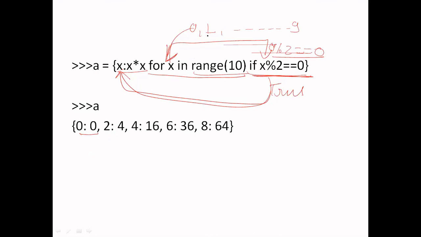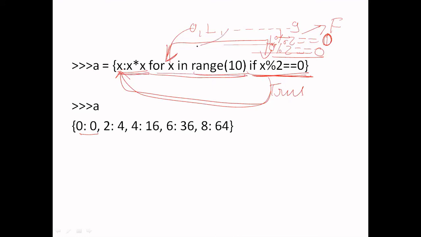Next element is 1. So 1 mod 2 returns 1, and it is not equal to 0, so this condition will return false. If this condition is false, we will not execute this output part and we will evaluate the next value.